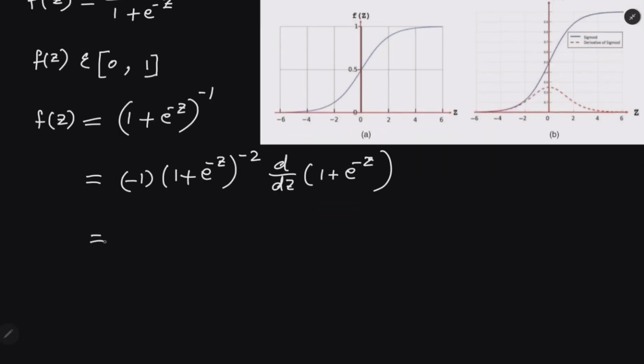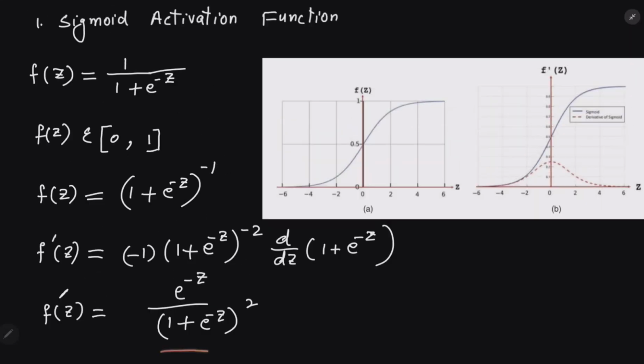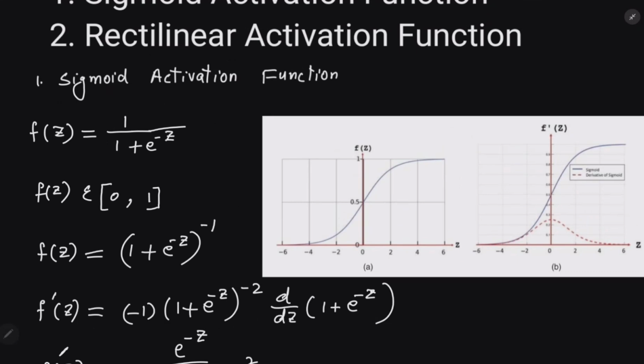So at the end, we get e raised to power minus z over 1 plus e raised to power minus z squared. So we have a very smooth derivative f dash z. This is f dash z, which is equal to the right hand side over here. And the same sigmoid function and the derivative have been drawn over here on the right hand side.